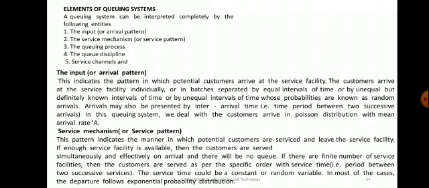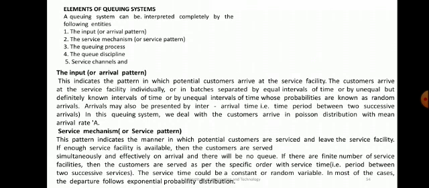Arrivals may also be presented by inter-arrival time, the time period between two successive arrivals. In this queuing system, we deal with the customers arriving in Poisson distribution with the mean arrival rate λ.